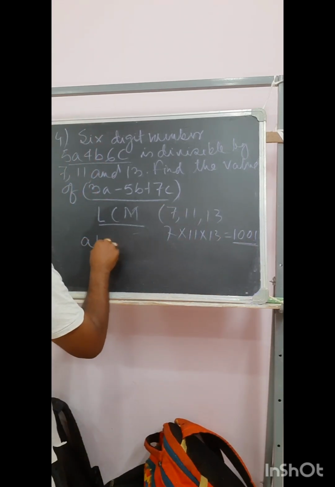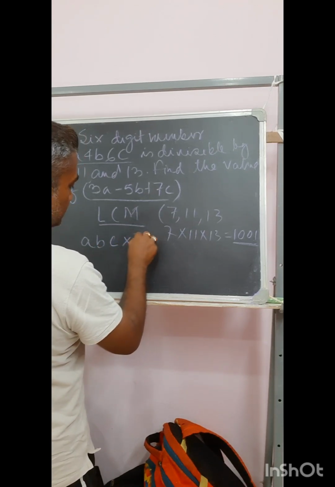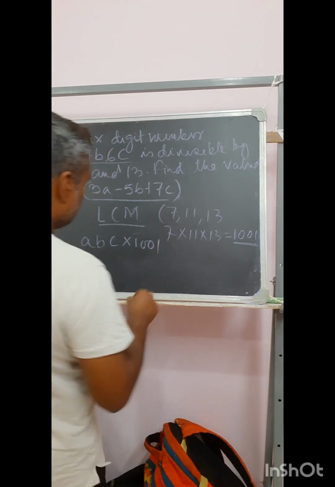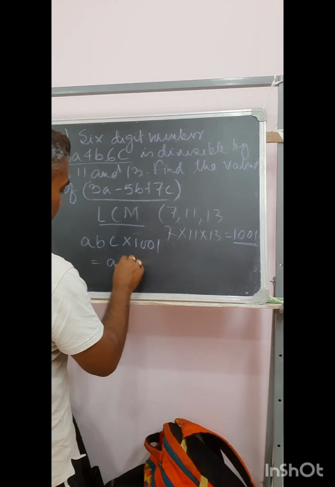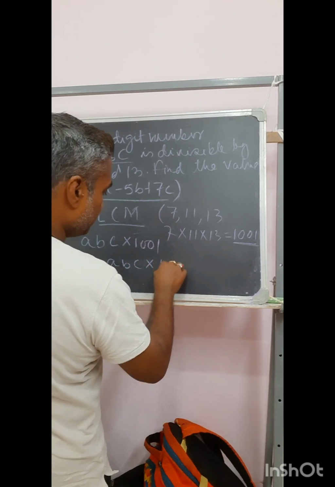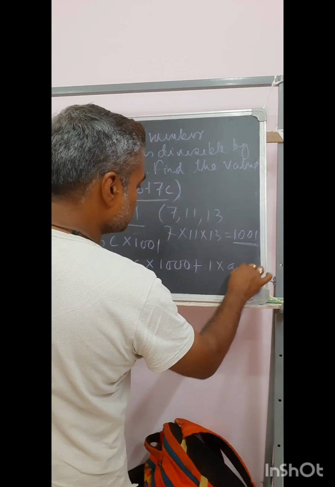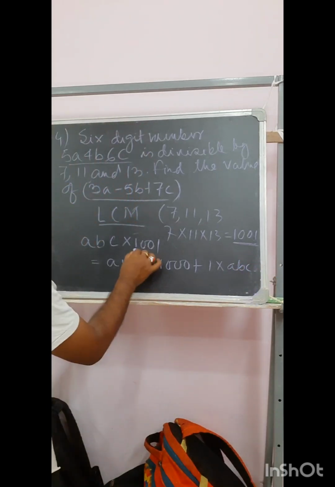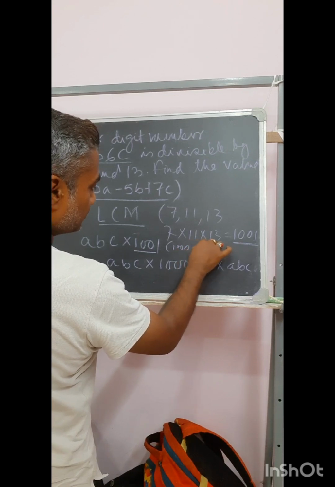Let's say I'm multiplying ABC with 1001. How will it act? It will act like ABC multiplied by 1000 plus 1 multiplied by ABC. I am just distributing the number because this is nothing but 1000 plus 1.